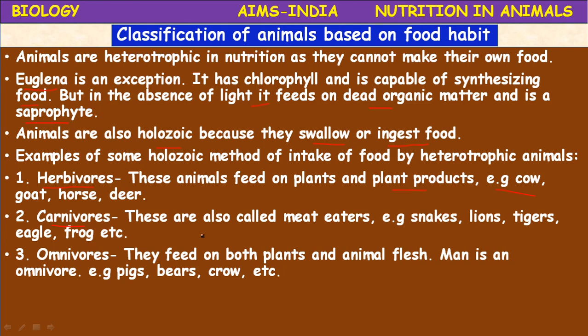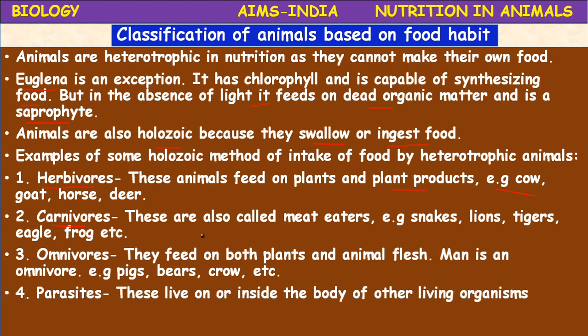So these are all omnivores. Try to add to the list. This is one type of classification based on the food habit. The animals are classified into three major categories: herbivores, carnivores, and omnivores, which you already know, which you have been studying from the lower classes.